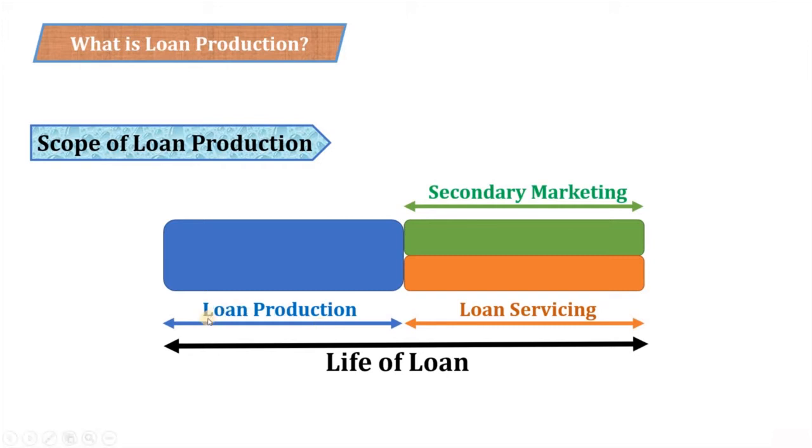As you see in this diagram, the total scope is loan production, loan servicing, and the secondary markets. Loan production is part of the entire life of the loan. Loan servicing and secondary marketing are two activities which happen in parallel, but loan production does not happen in parallel with any other process.